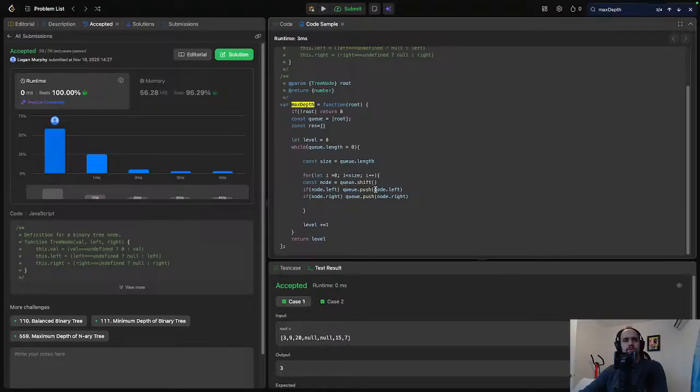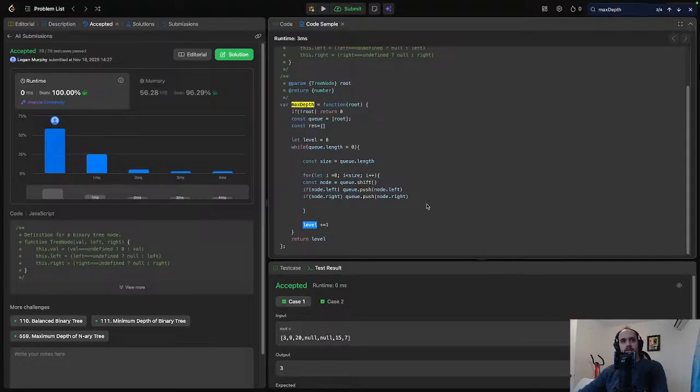If node.left, queue.push left; if node.right, push right. And then level plus equals 1. Wow. So basically it's like building out an array one layer at a time.